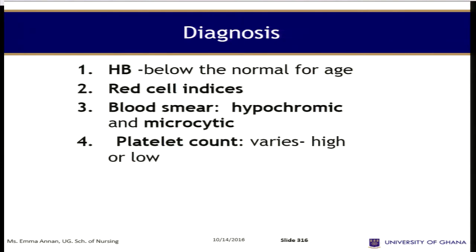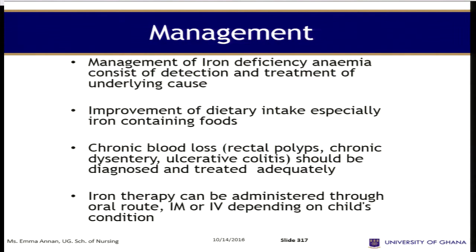Then you also check for platelet counts, whether it's high or low. You can manage iron deficiency by detecting and treating the underlying cause. Then you have to improve dietary intake, especially iron-containing foods. Chronic blood loss like rectal polyps, chronic dysentery or ulcerative colitis should be diagnosed and treated adequately.